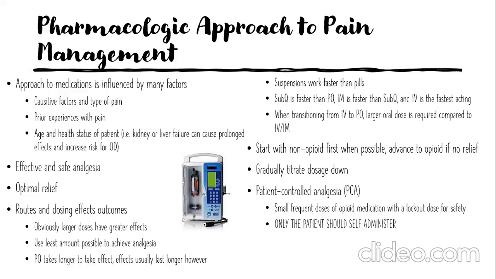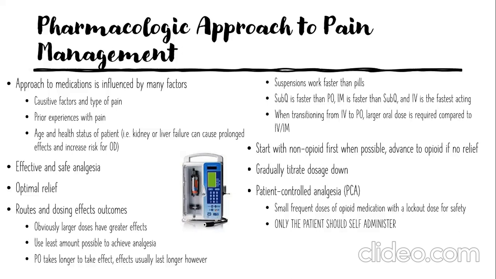Oral medications obviously take the longest to work. When you take a pill by mouth, it's got to travel down your esophagus, go into your stomach, get dissolved, and be absorbed, so it takes about 45 minutes to an hour, real talk, for an oral pill to take effect.